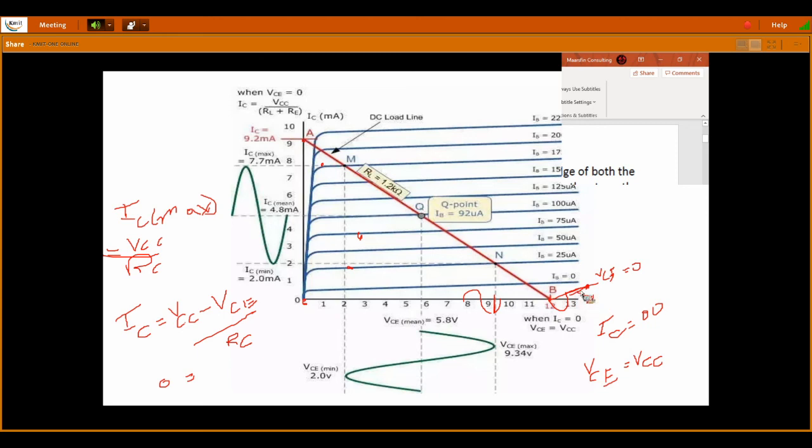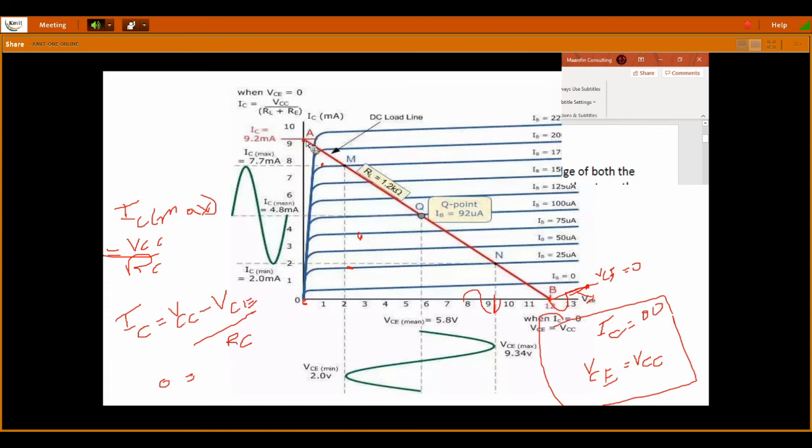This distortion takes place for the entire half cycle of your input, so the losses will be very high. So I could not place my operating point there. Your DC applied voltages like VCE equal to VCC with IC equal to zero may not be applied since you have the distortion.